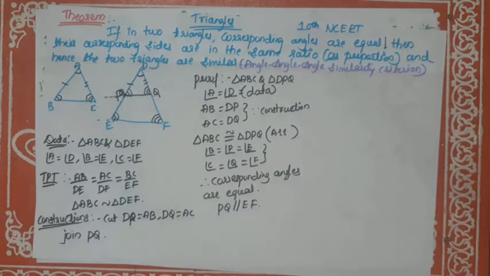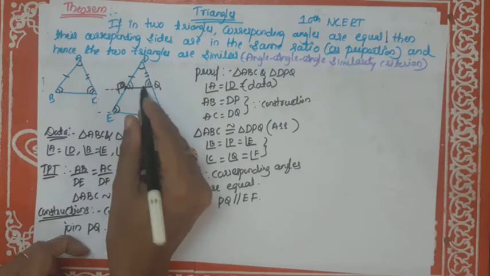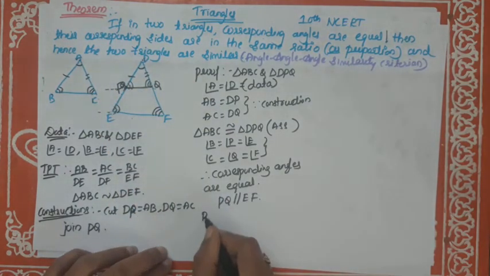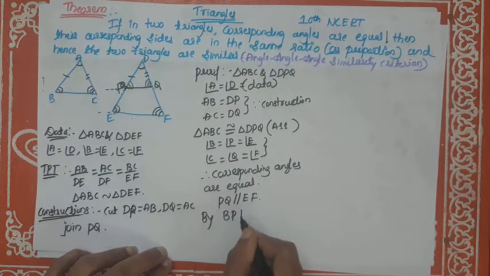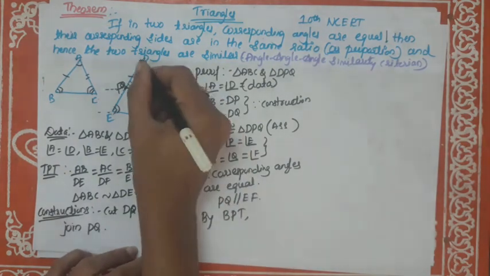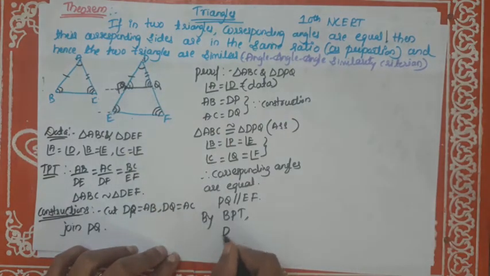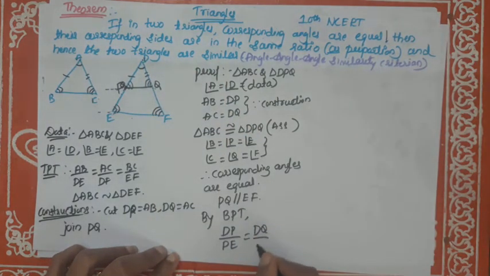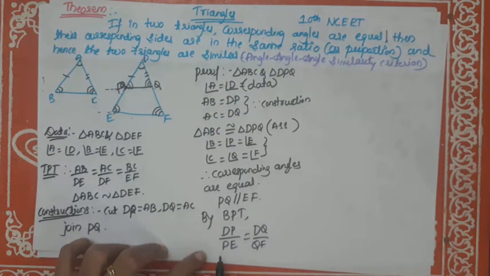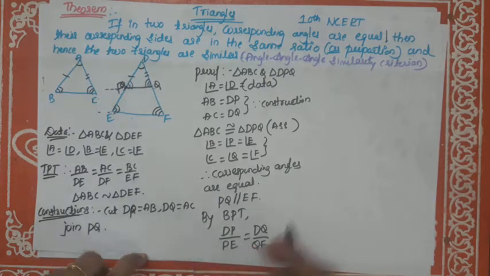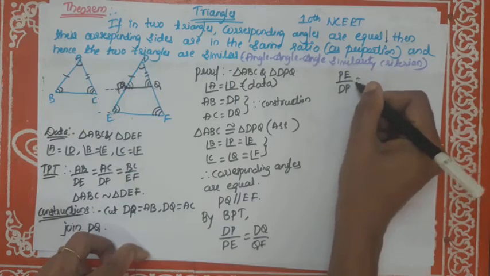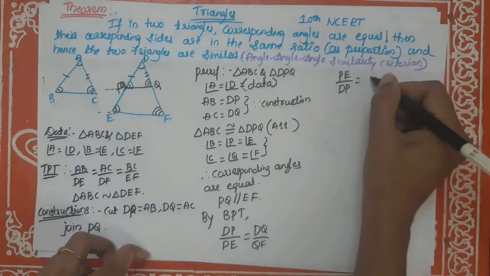By the basic proportionality theorem, BPT, if these two are parallel we can write DP by PE equals DQ by QF. Here I write this in inverse: PE by DP equals QF by DQ.